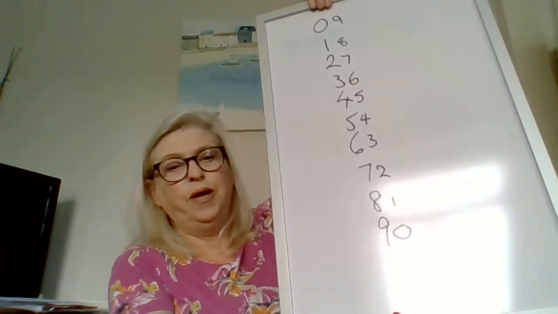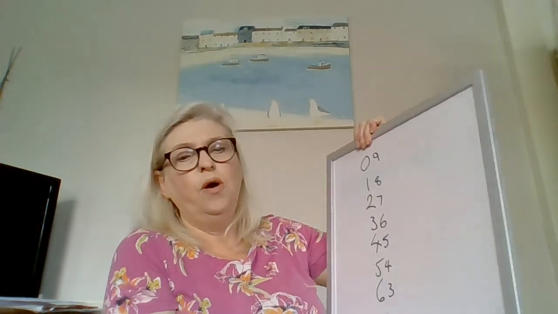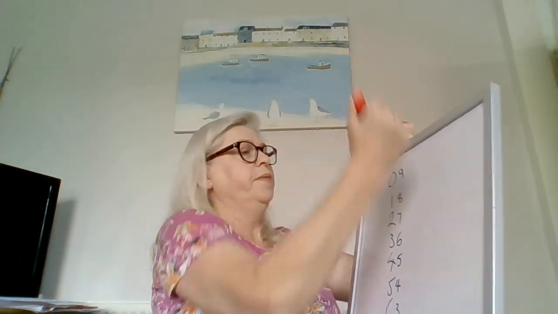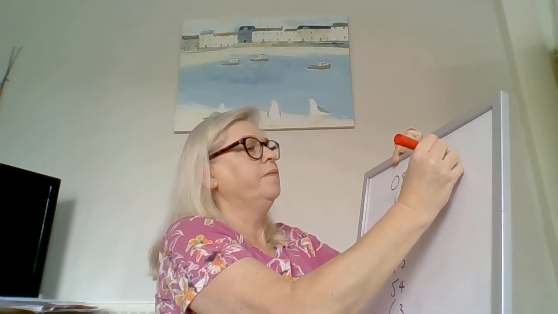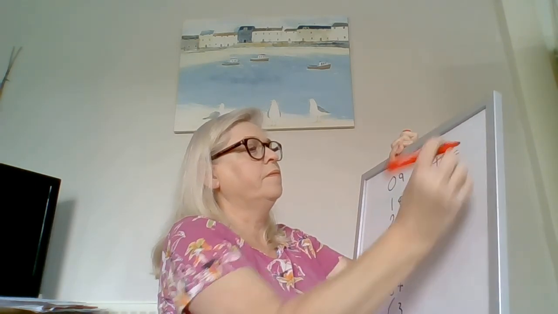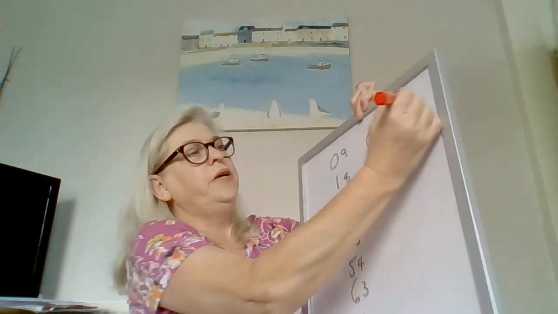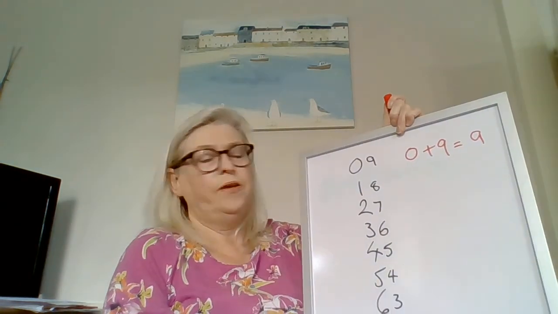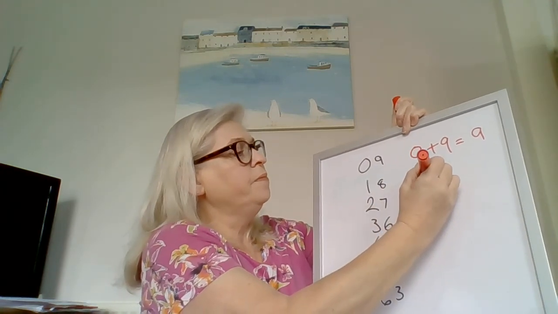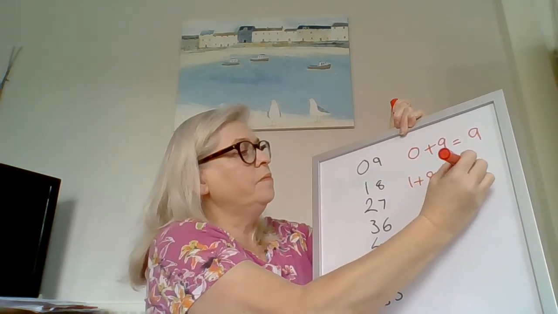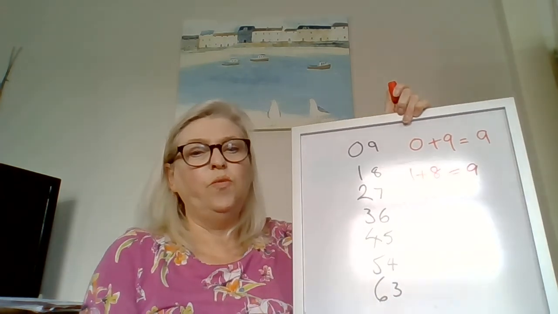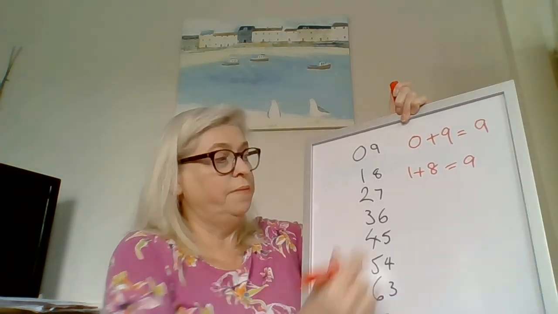If we look at what we had there, the 9 times table, what happens if we add the digits? Okay, so the first one, I'm adding the digits 0 and 9. We get 9. Let's try the next one. 18, 1 and 8 add up to 9.